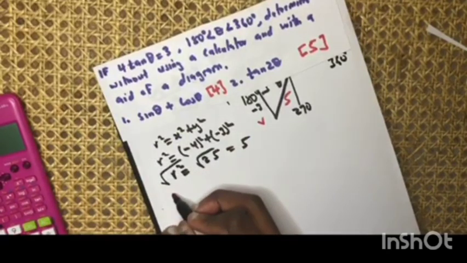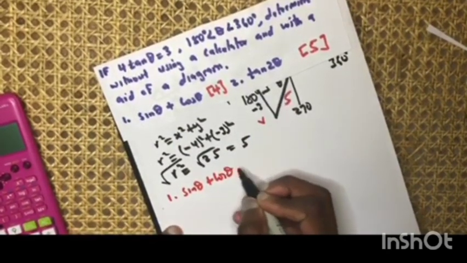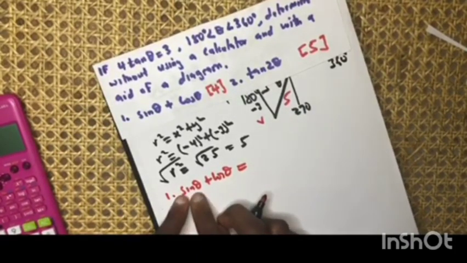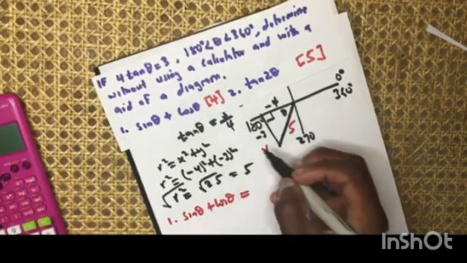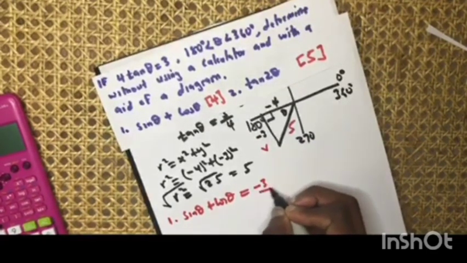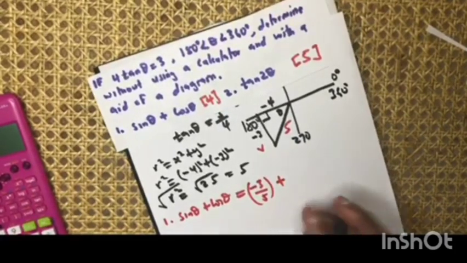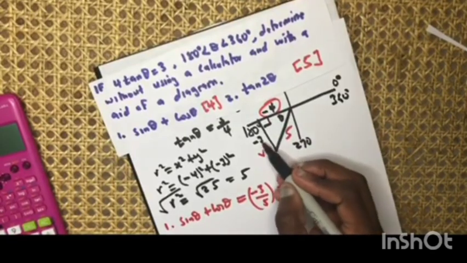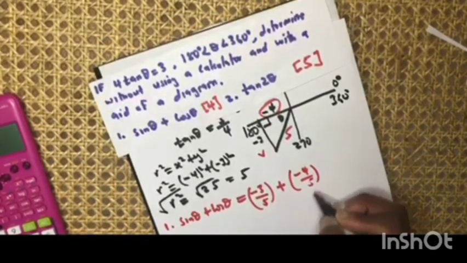So we can try to answer number 1, a given sine theta plus cos theta. So sine theta, guys, sine is the opposite over hypotenuse. So your opposite in this case is -3, your hypotenuse is 5, plus cos is adjacent over hypotenuse, so it's going to be -4 over 5.